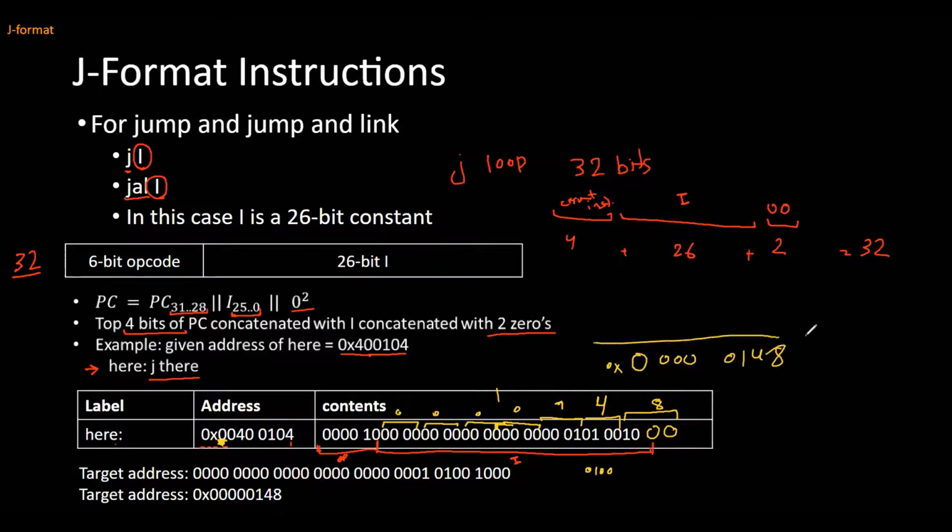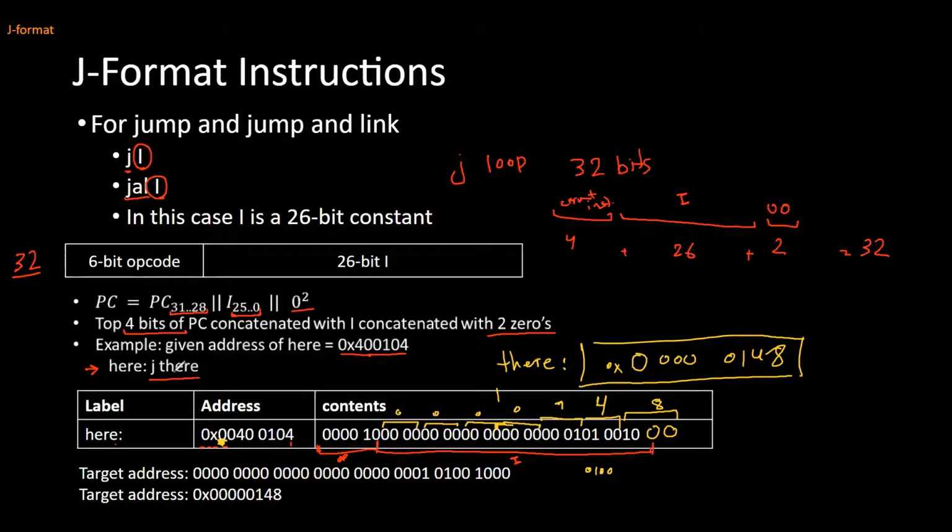So that's basically the address that we are going to jump to. So address of there is actually this number. And that's a limitation. Ideally, we want to store that whole 32 bits here.